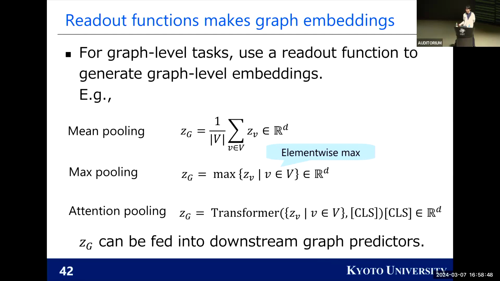We can also use max pooling. And we can use a fancier choice like attention pooling, where we regard these node embeddings as tokens and append a special class token to them.